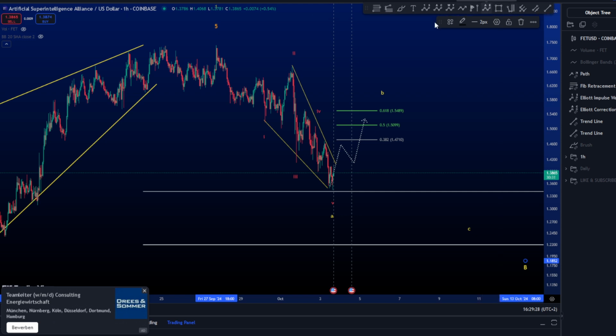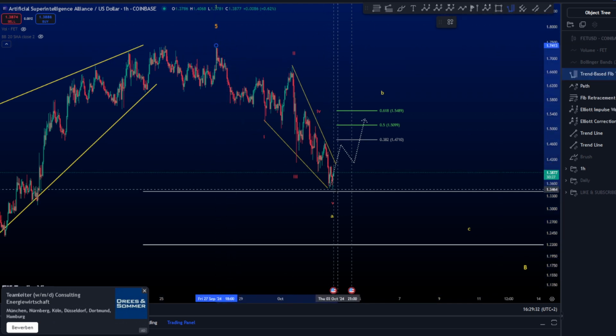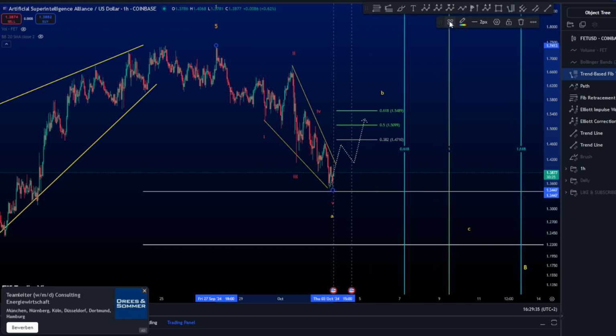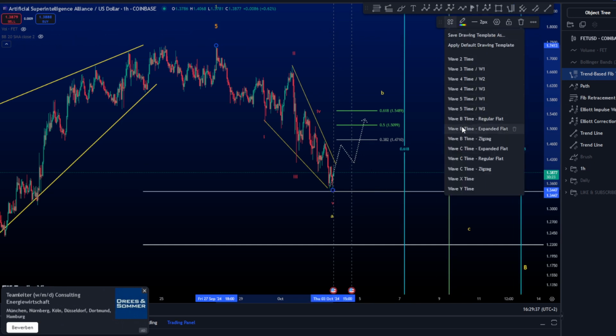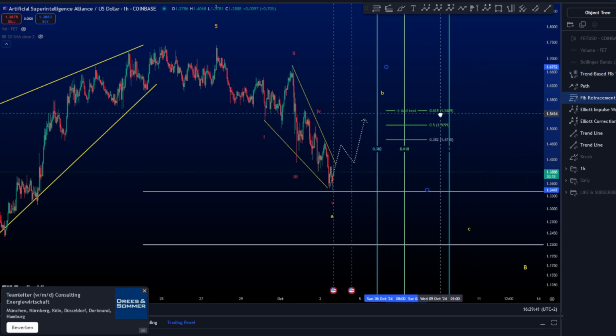And your time, if you want to talk about the Fib time taken from the bottom of the A, and we say here for a zigzag, wave B in a zigzag. Yeah, so exactly here.